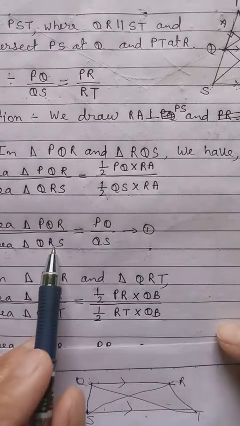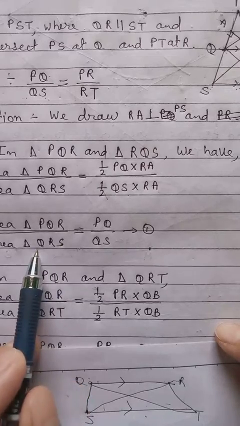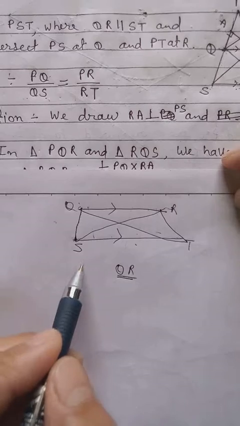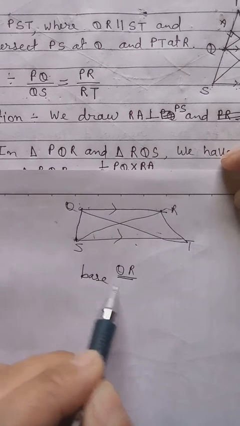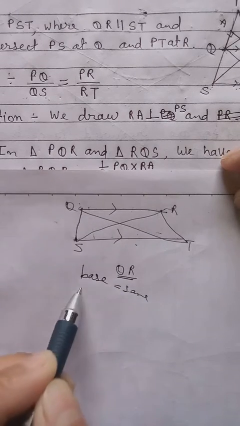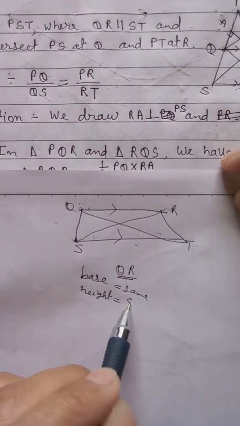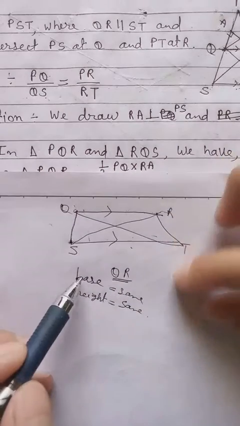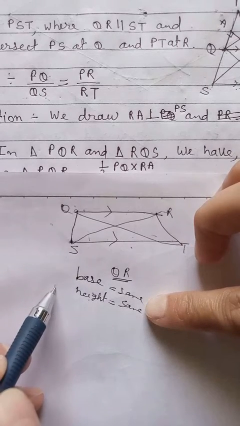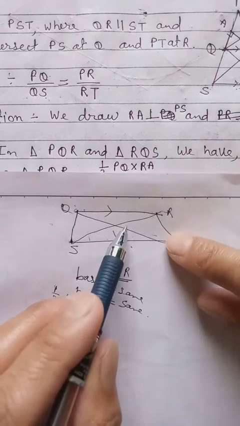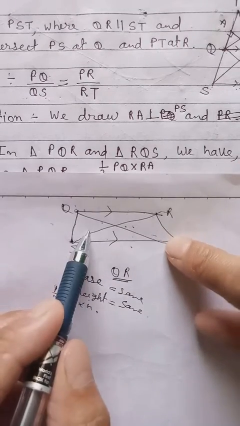So their base are same, height also same. We know the area is half base into height, so the area of these two triangles will be equal.